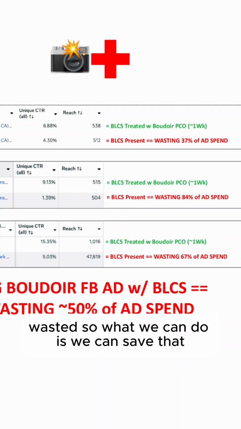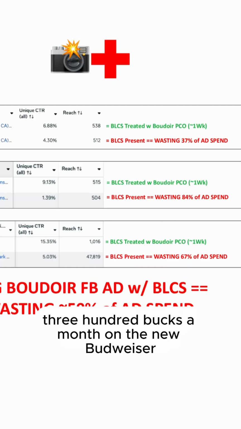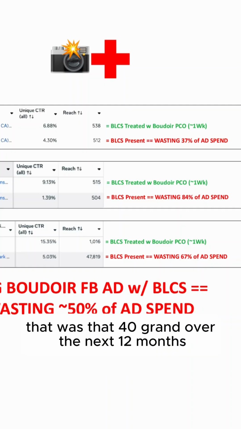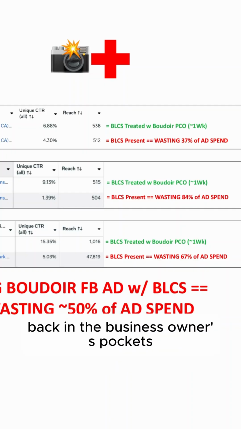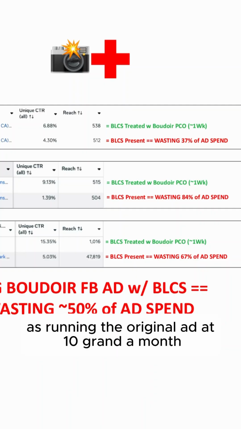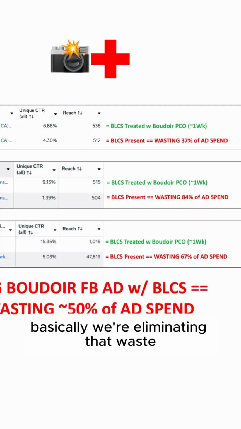So what we can do is eliminate that wasted ad spend, only spend 6,300 bucks a month on the new Boudoir Pico treated ads. So pocket that, what's that, 40 grand over the next 12 months, kind of phantom profit back in the business owner's pockets. And that will get our ad into the same number of women's brains as running the original ad at 10 grand a month. So basically we're eliminating that wasted ad spend, putting it back in our pocket.